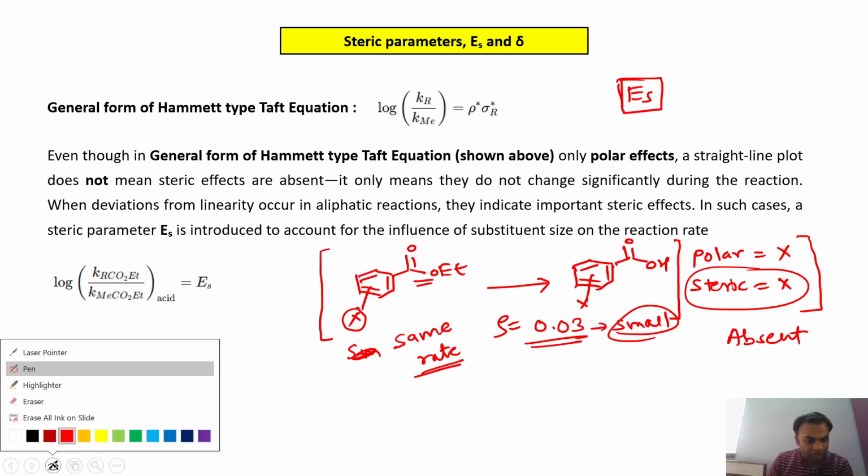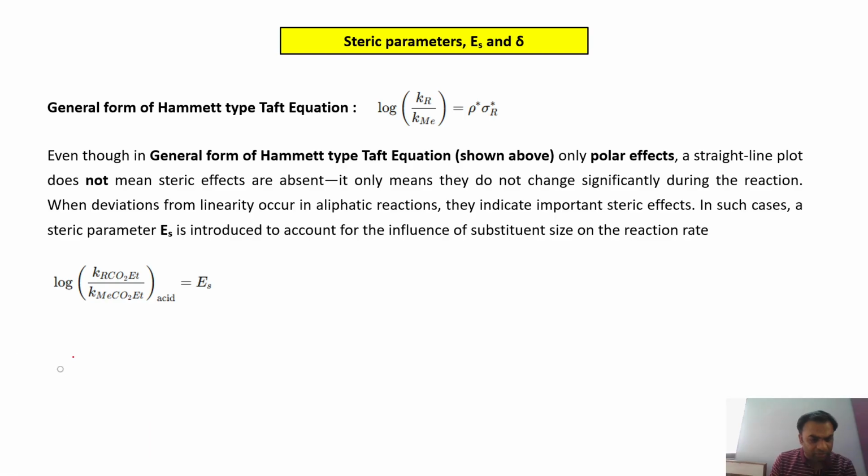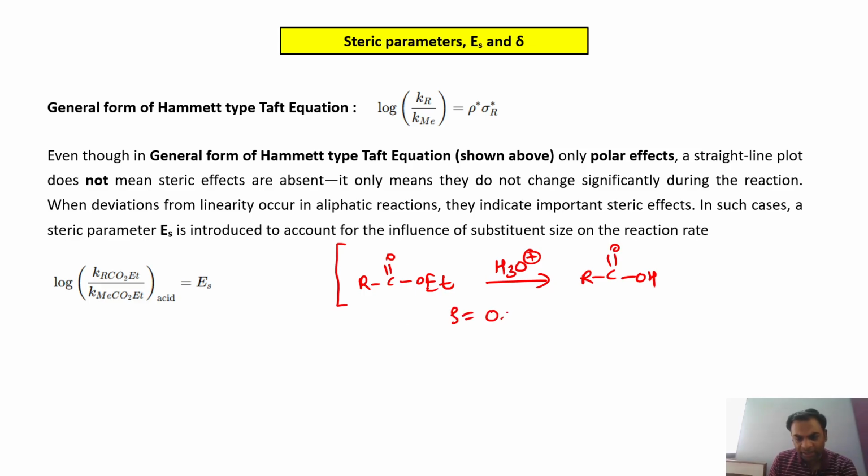But if we carry out the same reaction for aliphatic esters, or ethyl ester acid catalyzed hydrolysis, then we have the corresponding acid as the product. The rho value for this reaction is 0.03, indicating that the polar effect is almost zero.